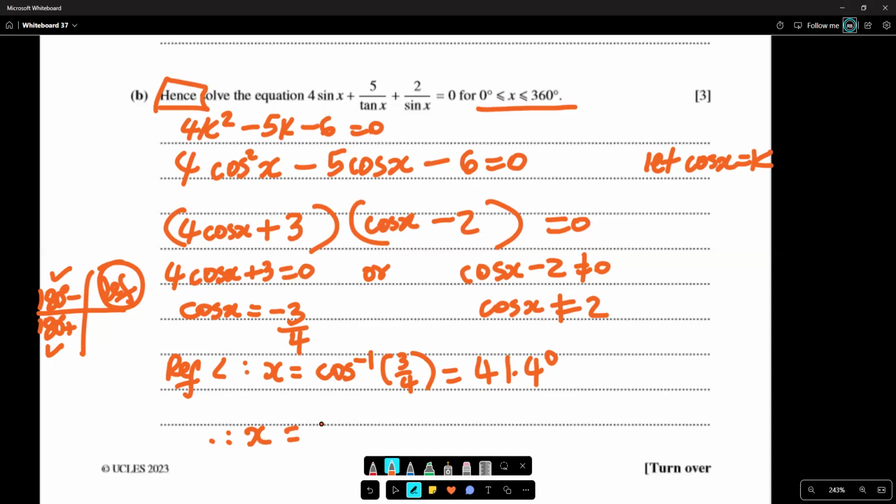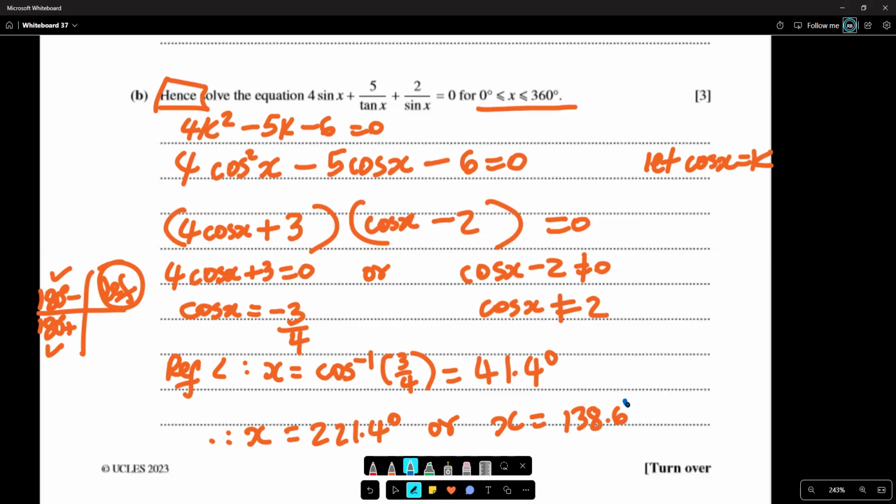No, that one is if I plus with this one. Let me see on a calculator. Yes, so this is 221.4 degrees, or if I minus, it is going to be 138.6.